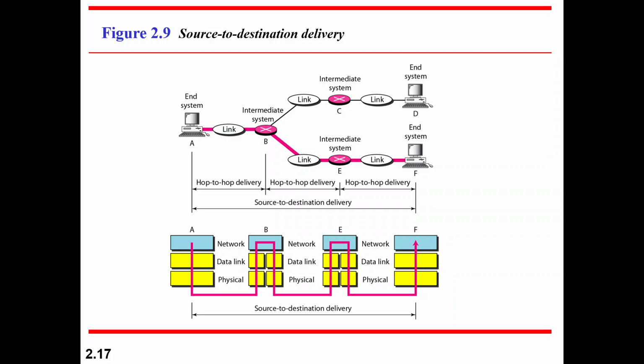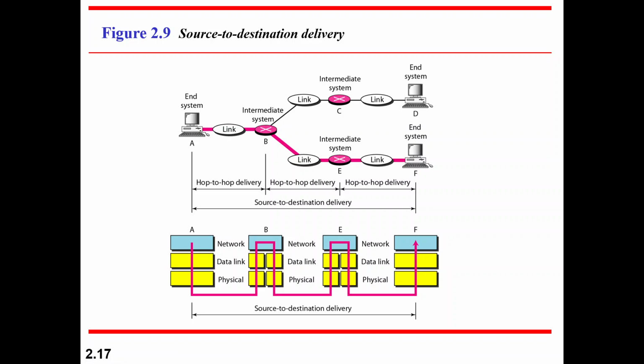The diagram on the screen illustrates the end-to-end delivery by the network layer. As we can see and understand from the diagram, we need a source to destination delivery. The network layer at A sends the packet to the network layer at B. When the packet arrives at router B, the router makes a decision based on the final destination F of the packet.